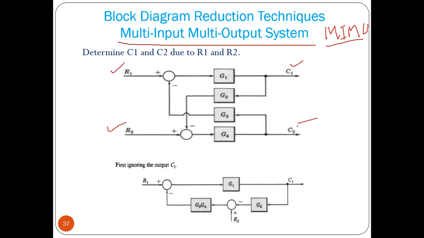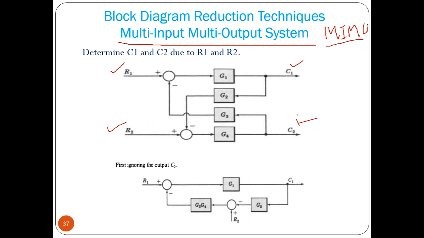Okay, now in this case what we have to do, we have to ignore one of the outputs. So we have to ignore output C2, and due to R1 R2 and comparing this C1 output, we have to find out the output with respect to R1 R2 by applying superposition theorem.